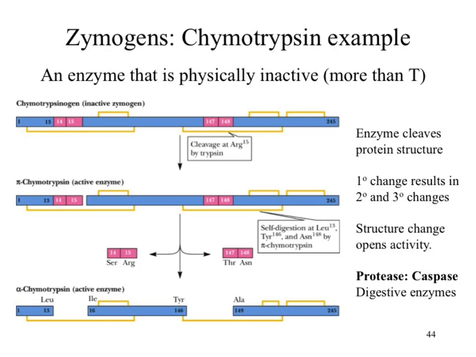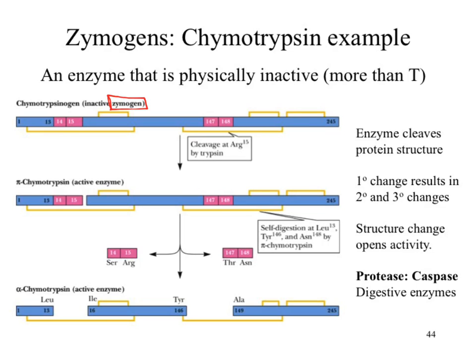Zymogens are kind of neat because it is the inactive form of our enzyme. So it's kind of like the taut state, though it's a little bit different than that. One of the good examples is chymotrypsin. If we take a look at our chymotrypsin at the beginning here in our figure, that first place is the zymogen.